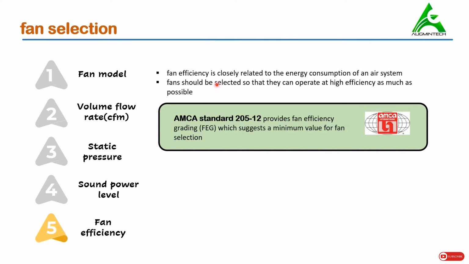Now, there is an AMCA standard 205 that provides fan efficiency grading, which is abbreviated as FEG. Now, this suggests a minimum value for fan selection. So, there is a minimum value of FEG as prescribed by AMCA in the standard 205 that will be used to select a fan on the basis of its efficiency.